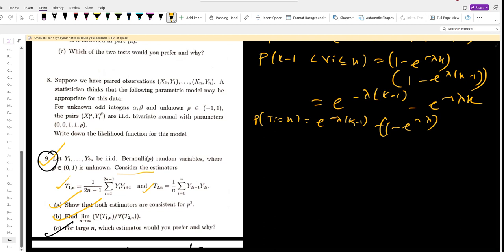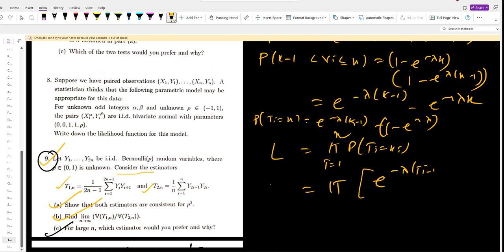Okay, so this is for the likelihood estimator. Let L equal the product over i from 1 to n of P(Ti = ki), where ki is the observed value of Ti. Substituting into the PMF, we get e^(-lambda (ti minus 1)) into (1 minus e^(-lambda)). We will do this in a very basic way.